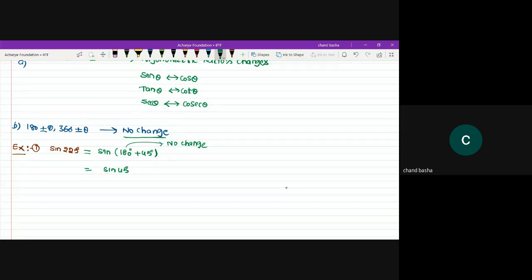Like sine of 90 minus theta, which changes to cos theta, as we proved yesterday. But for sine of 180 plus theta, because 180 plus 45 is 225, I can write 225 as 180 plus 45. With 180 you are on the x-axis, and x-axis means no change, so you keep the sine function as it is.